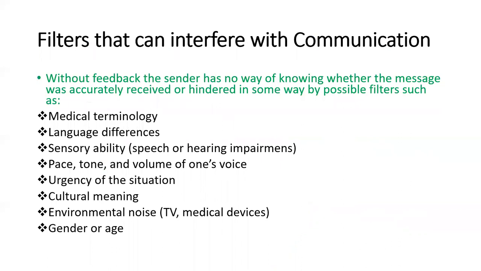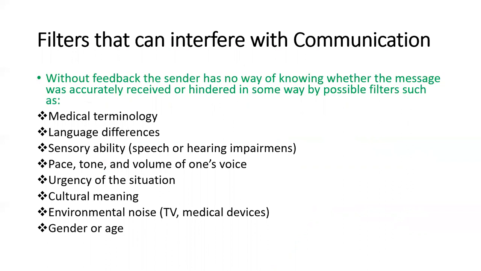Some of those things that can influence whether or not that patient receives the message that you intend are medical terminology that's being used. They may not understand things in terms of the medical terminology.